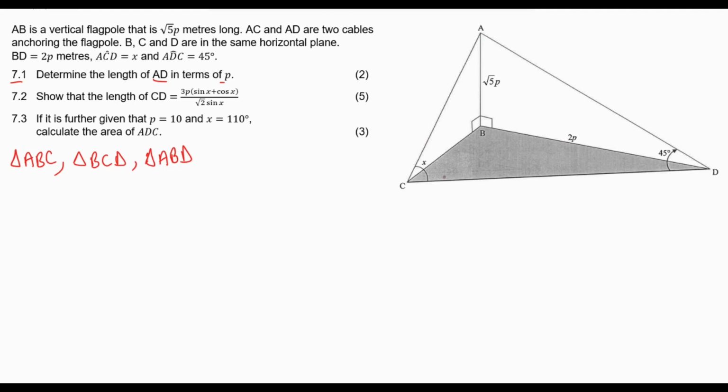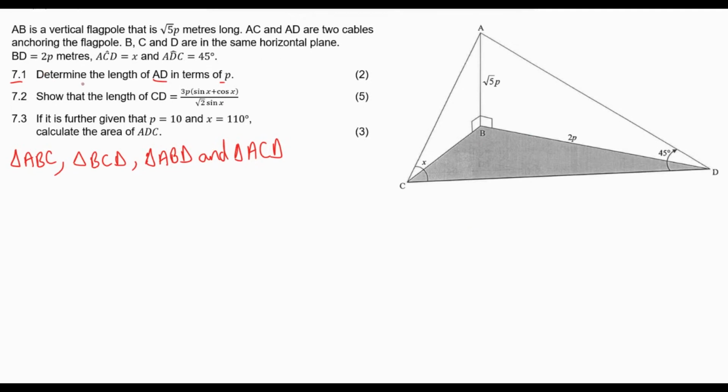And then we also have triangle ACD, which is the one at the front, formed by the two cables AC and AD, and also CD there. So these are the four triangles that we have.